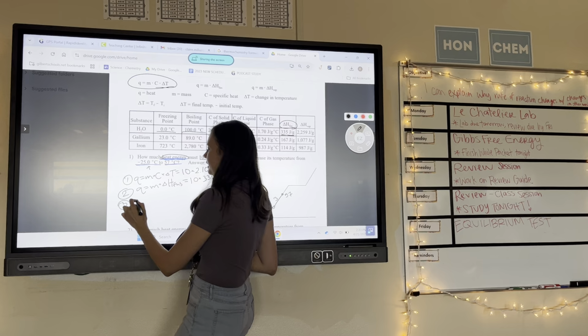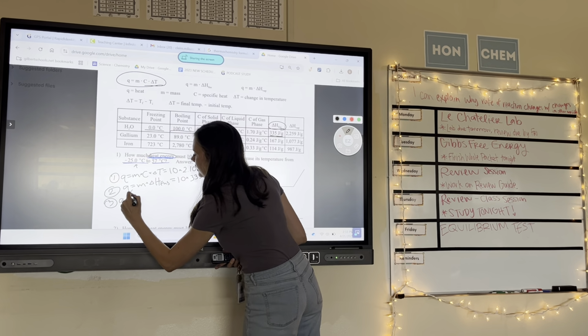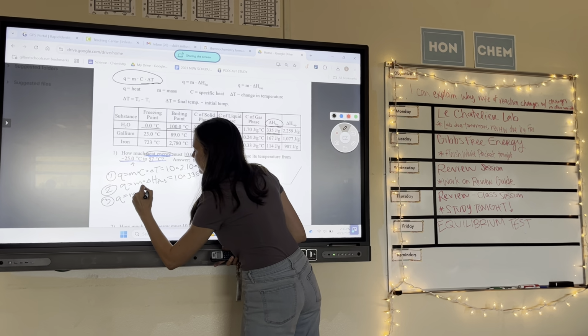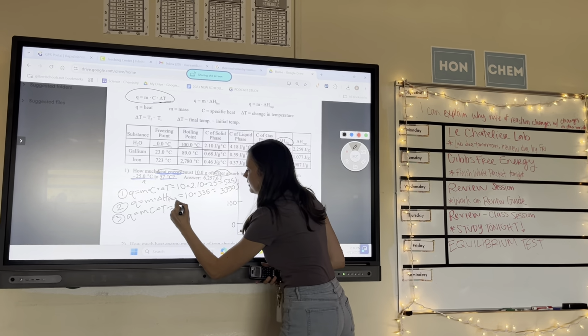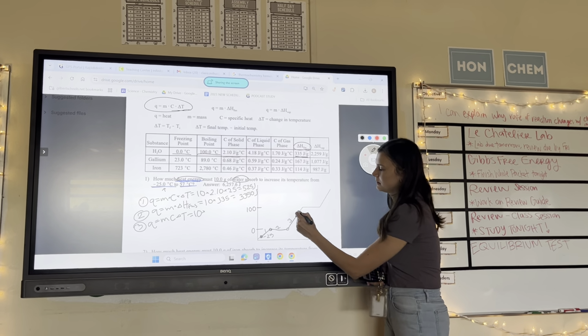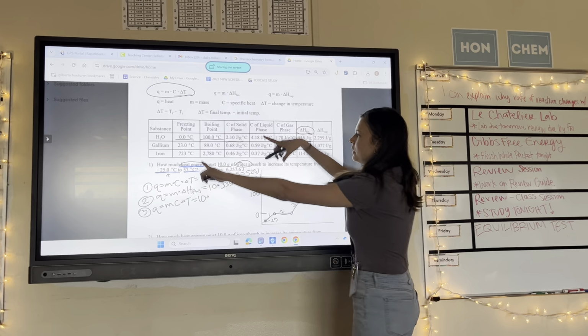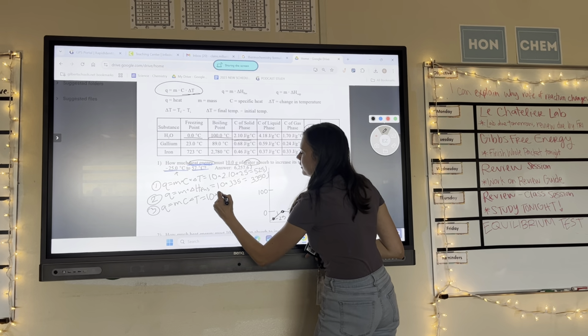Finally, for our third calculation, because this is a slanty line yet again, we need to use Q equals M times C times delta T. My mass is staying the same this whole time, so that's 10. Now to find my C value. This is a solid down here, which means this slanty line right here is a liquid. So when I look here at water liquid, I find out that my C value is 4.18.